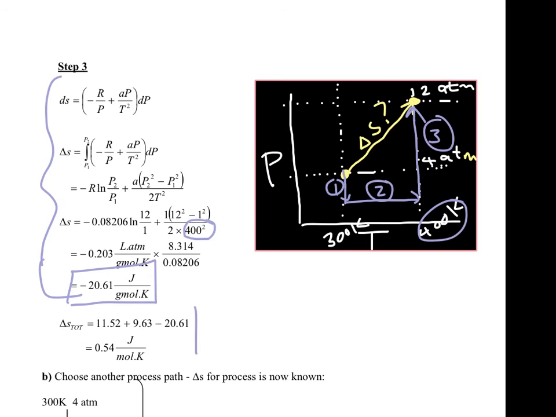The total can then be calculated as the sum of all 3 steps. Please note the sign of the delta S values and make sure that it makes sense to you that when I experience an increase in pressure at constant temperature, a decrease in entropy is observed. Make sure that the signs that you get for the changes in entropy for step 1 and step 2 make sense to you as well.